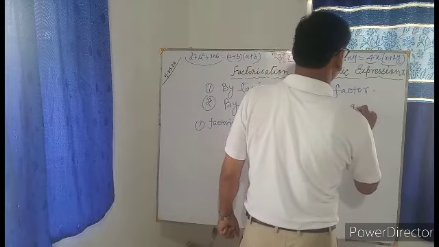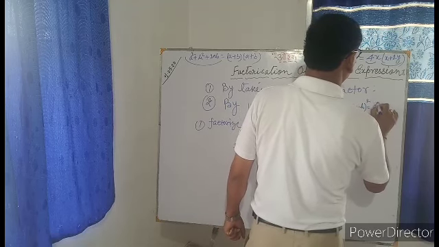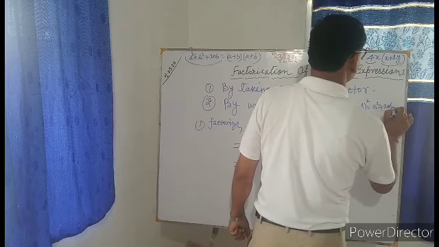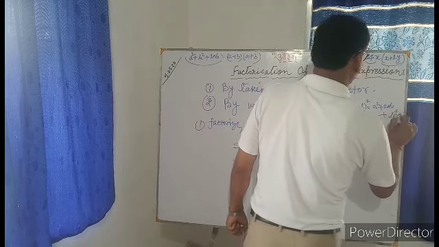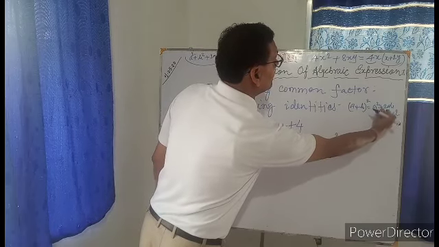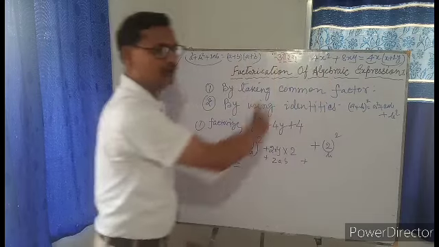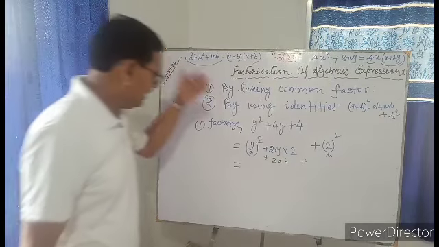You know, a plus b whole square is equal to a square plus 2ab plus b square. And now this expression is on the pattern a square plus 2ab plus b square, and it will be equal to a plus b whole square. Right?